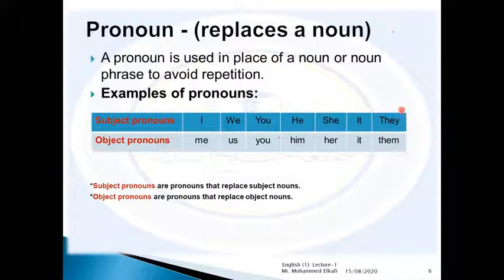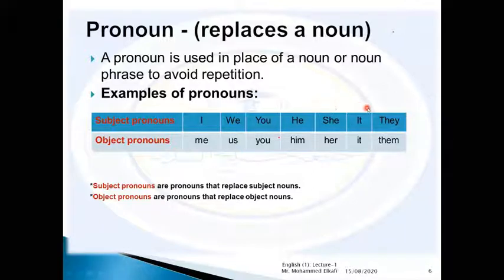They is used for plural. Plural pronoun, the plural of he or she or it. Ahmed and Muna, you can say they. Ali and Sarah, they. Ahmed and Umar, they.